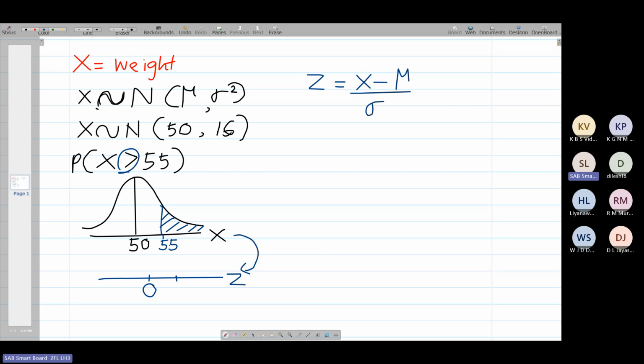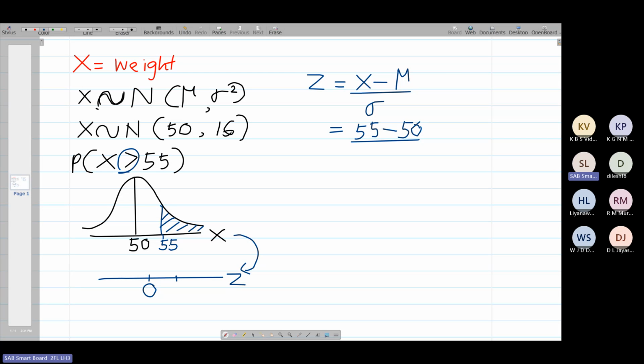Okay. Then what is the X value here? X value is 55. Then we write here 55 minus what is the mu value? In the question, what is the mu value? 50. What is the standard deviation? 16 is the variance, sigma squared. What is the sigma value? 4.